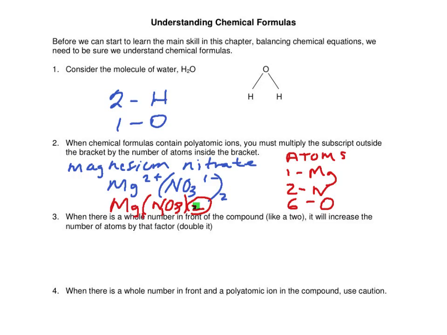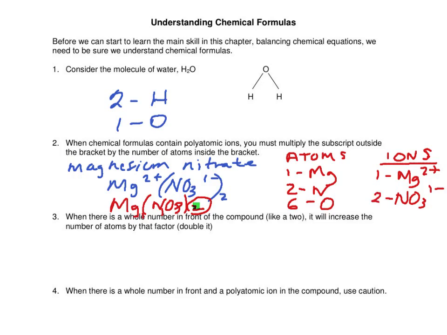If I was going to balance the equation coming up later, and I was going to use skills that would allow me to balance it by ions, I could look at the compound slightly differently. So again, there's one magnesium ion. I'll even write the charge, Mg2+. And then in terms of the anion, which is nitrate, NO3 with a 1- charge, the number of nitrates is indicated by the number after the bracket.